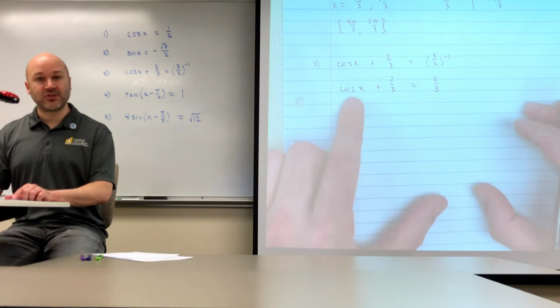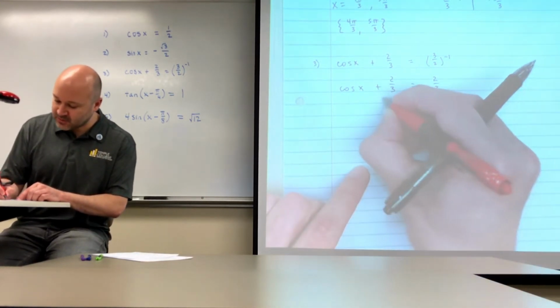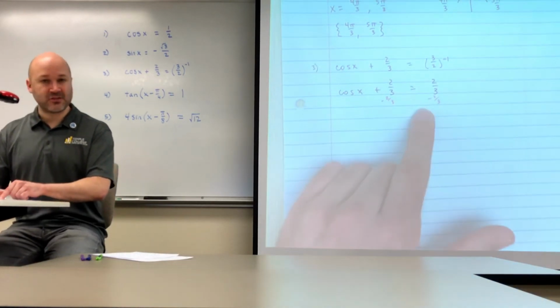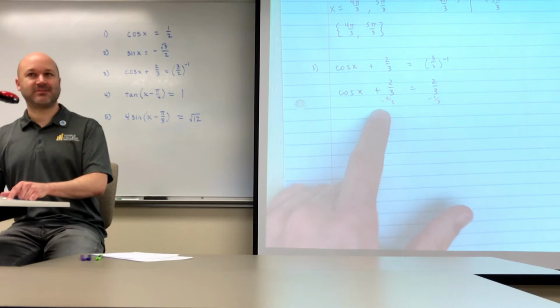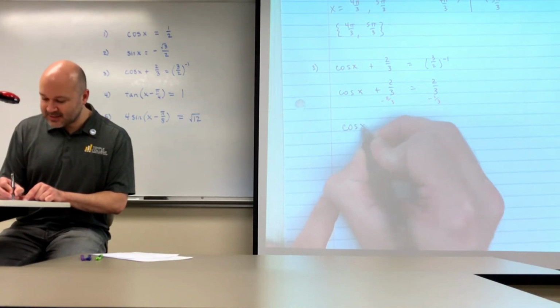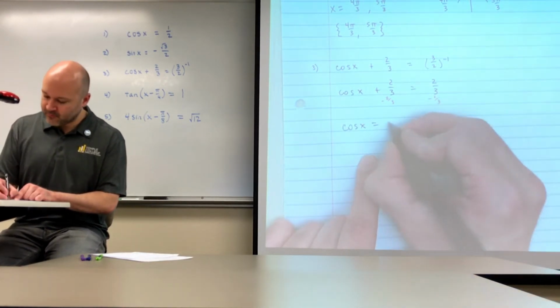Now I want the trig function by itself, so I'm going to subtract 2/3 from both sides of the equation. It's an equation, so if I subtract on the left, it's fine as long as I do it to the right-hand side as well. So I have cosine x is now equal to, well, that completely goes away, 0.